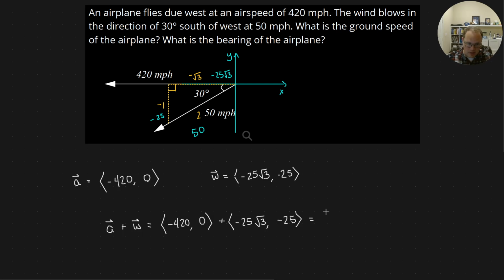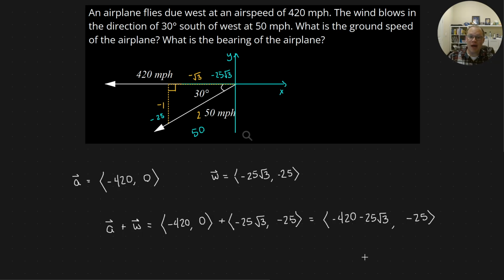So I add them together and get kind of a nasty expression. Negative 420 minus 25 square root of 3, comma, negative 25. Right? That's the best I could do right there.